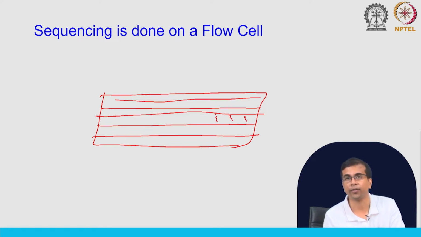We will talk about this in a bit more detail. So, you have a plate-like structure and then you have lanes inside which all this sequencing reaction will happen. This is called a flow cell.